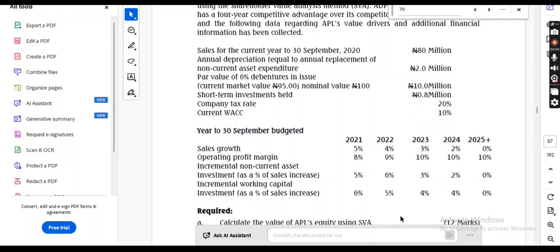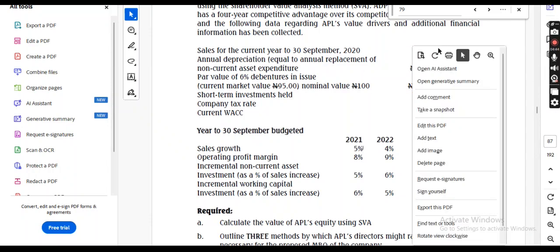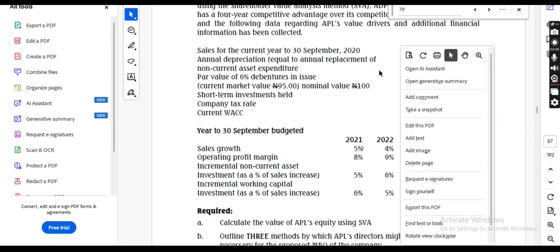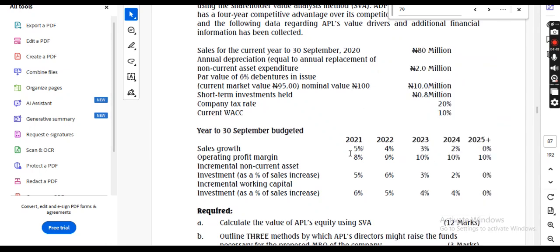Now, in this question again, as a percentage of sales increase, class, this is for 2020. You use the 2020 sales to grow to get 2025. If you grow it by 5%, you have a figure. And the increment in non-current assets is 5% of the sales increase.